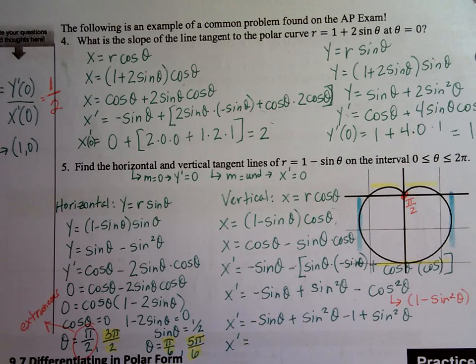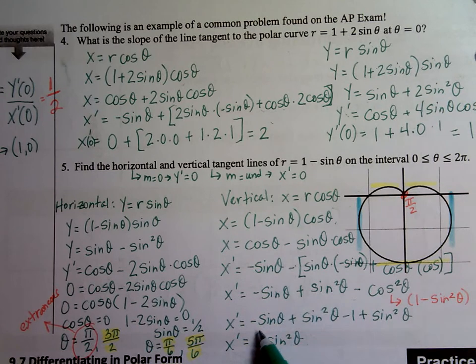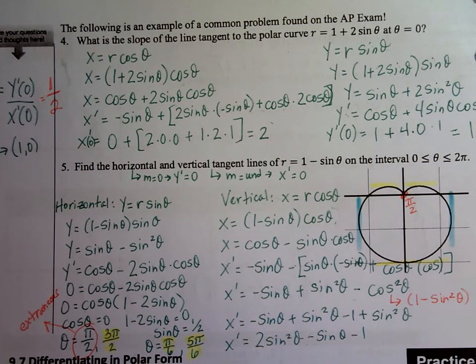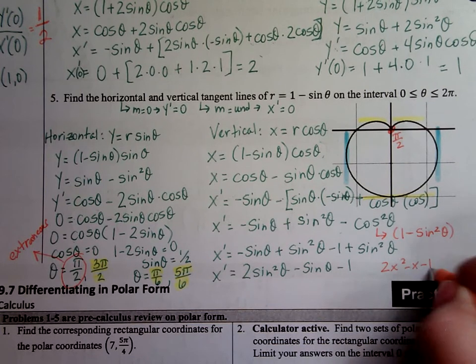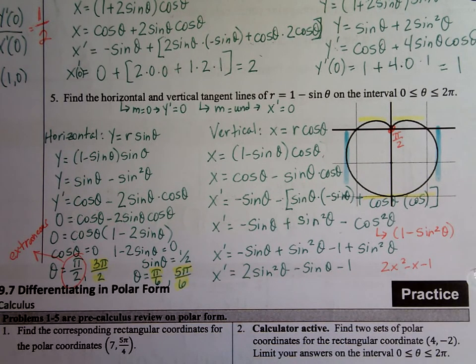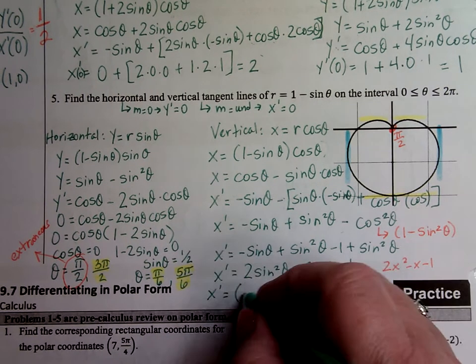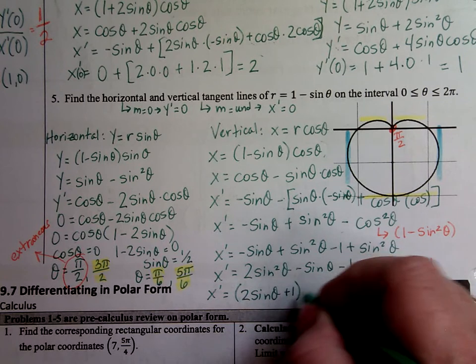I will have 2 sine squareds, I will have a minus sine, and I will have a minus 1. And if you think about that back in the days of regular old factoring, it kind of would be like 2x squared minus x minus 1, with my x's being sines. So if I think of that, and I factor this thing, it's going to be 2 sine of theta plus 1, and then sine of theta minus 1.